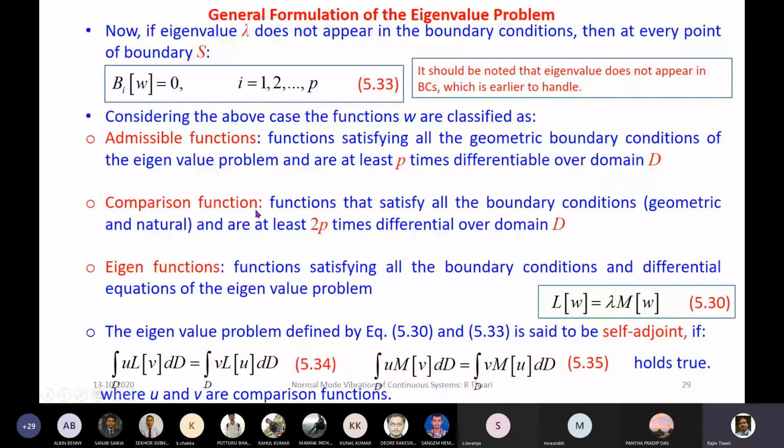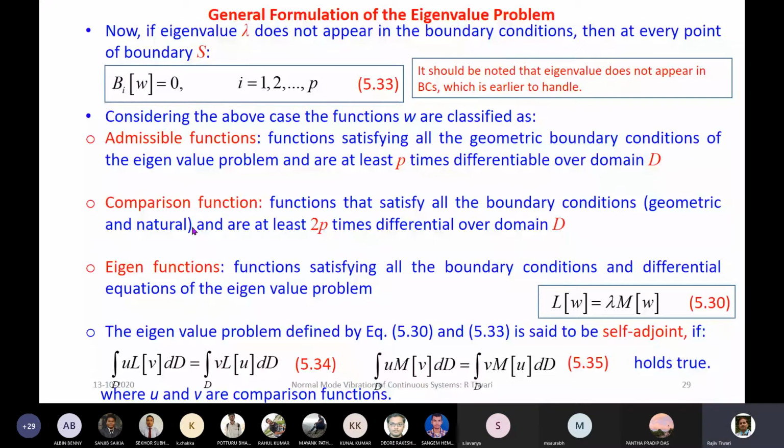A comparison function has a little more requirement, so it satisfies both the geometrical and the natural boundary conditions. Last class I explained geometrical boundary conditions, like for a beam, where the displacement or the slope is 0, and natural boundary conditions are when the shear force and the bending moments are 0.